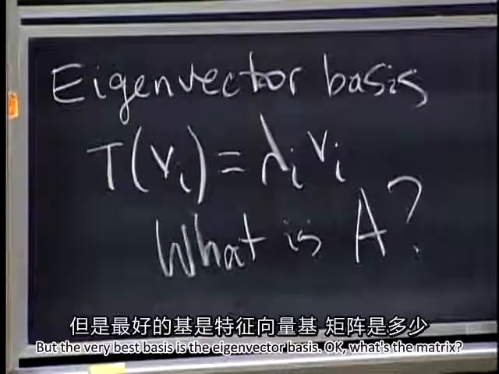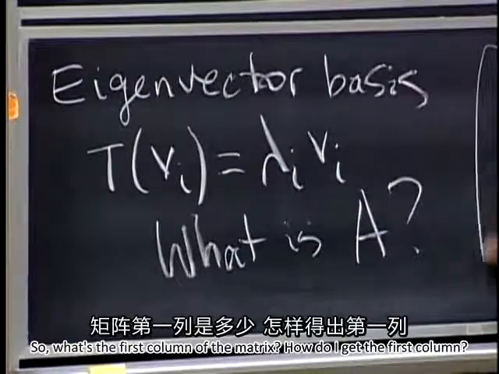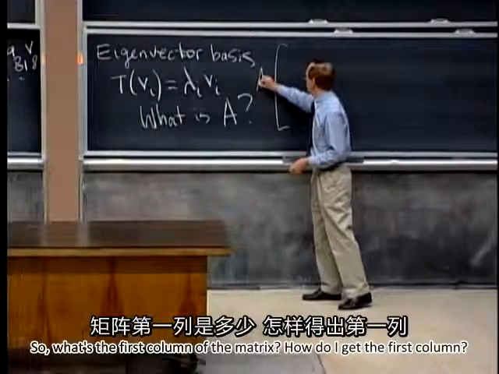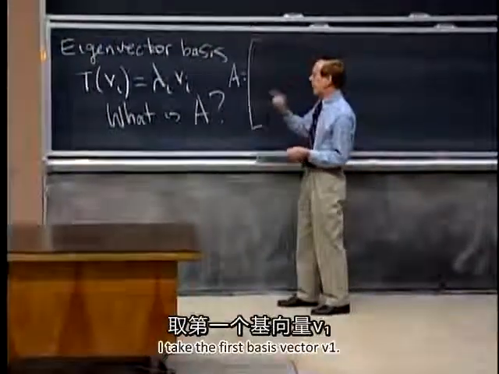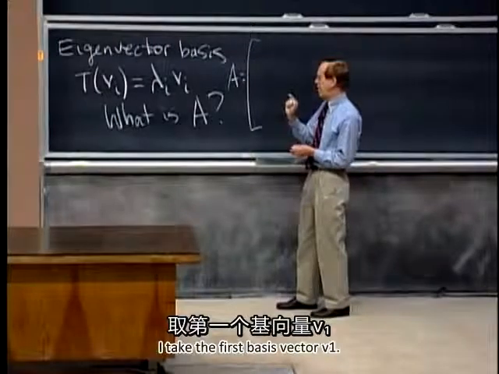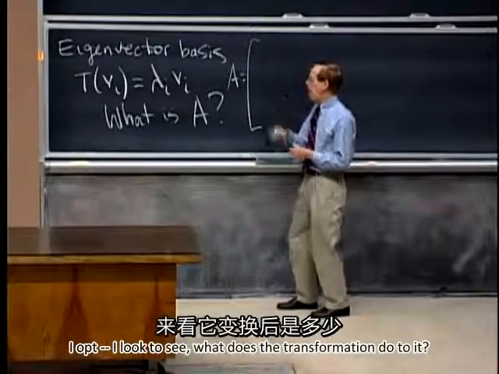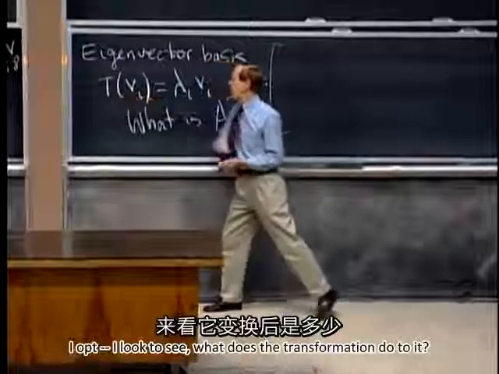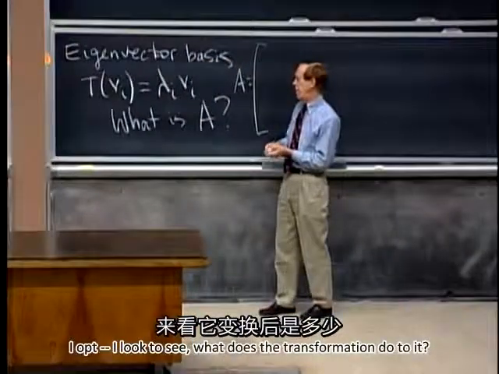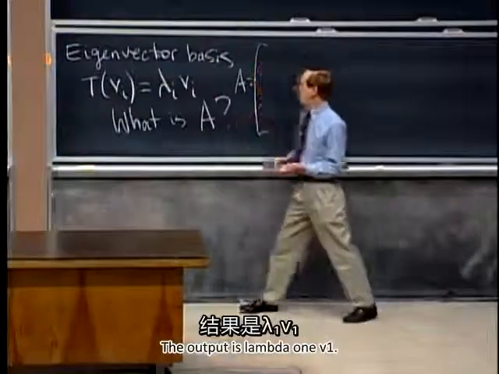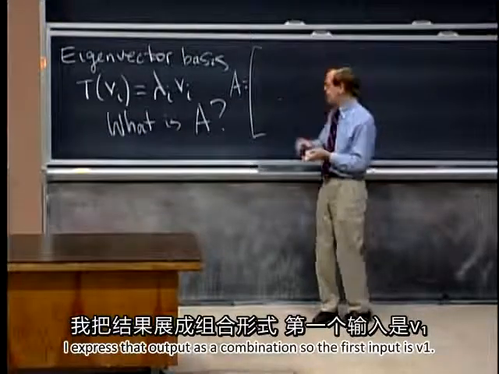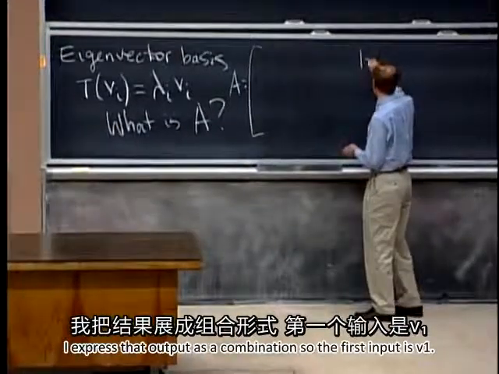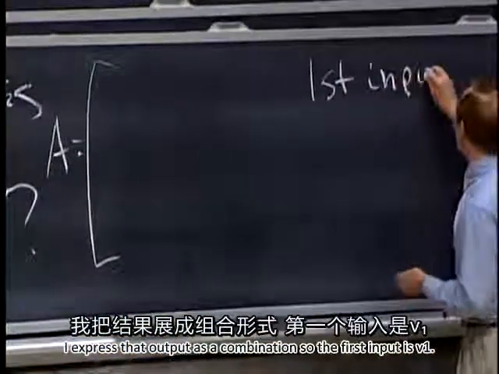OK, what's the matrix? So what's the first column of the matrix? How do I get the first column? I take the first basis vector, V1. I look to see what the transformation does to it. The output is lambda 1 V1. I express that output as a combination, so the first input is V1.